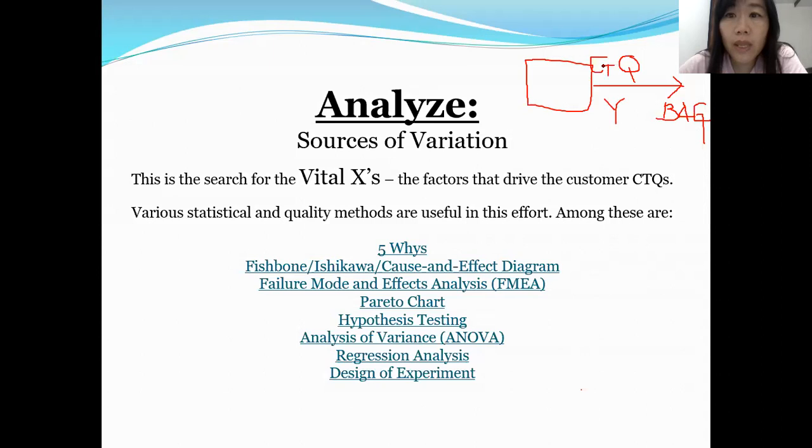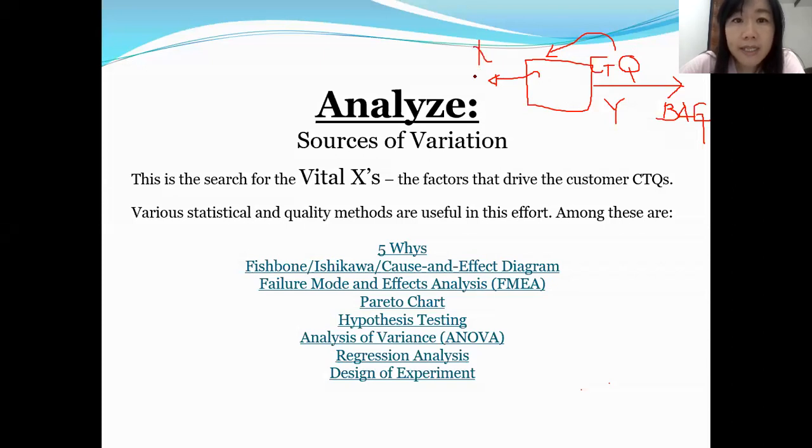And then we try to trace back to the production process, and we find out that the sewing process was one of the critical processes. And then we trace back again to the parameter that might influence the process, and we call it X, the parameter.